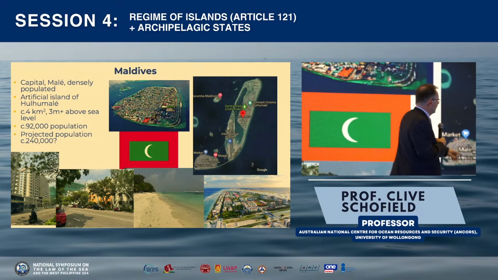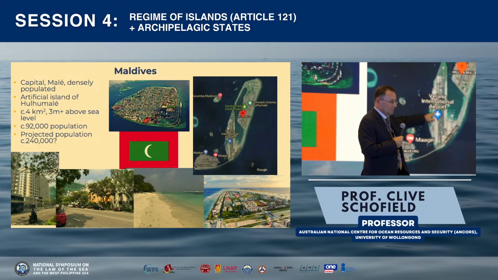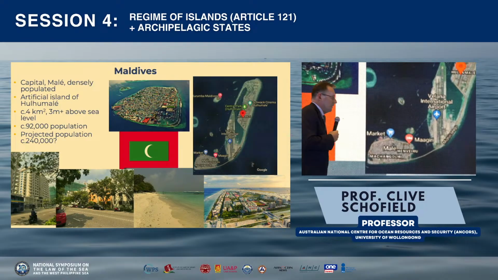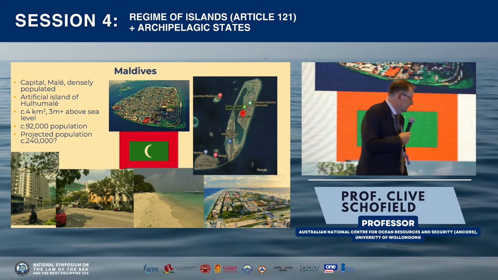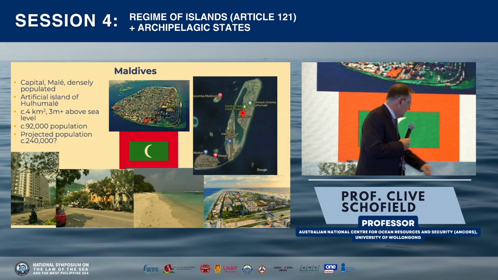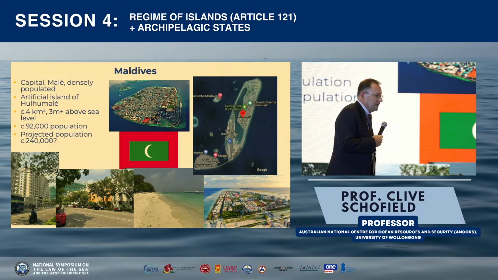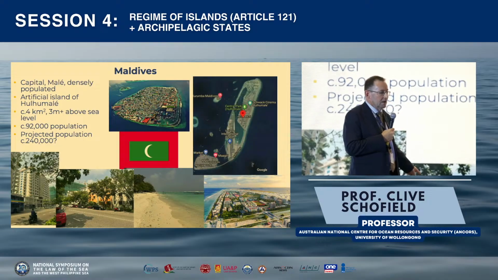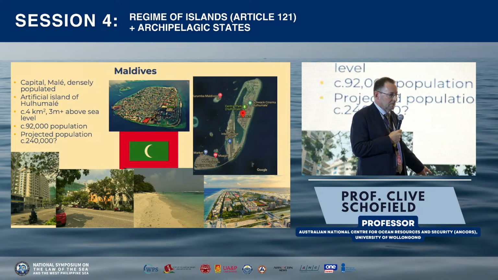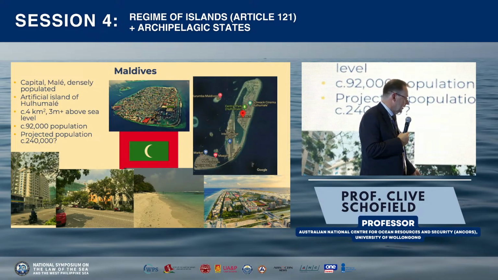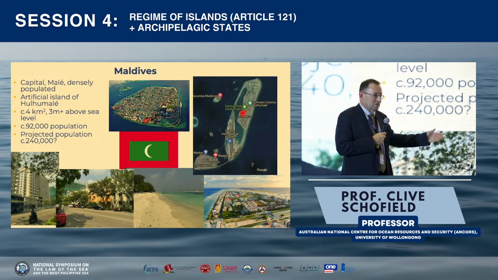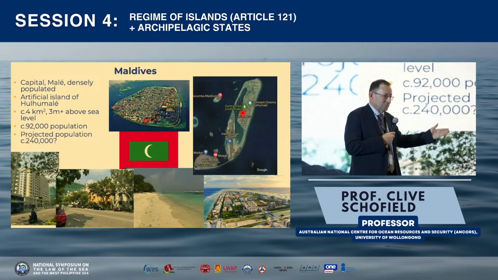But they have built the international airport on an artificial island and built Hulhumalé, which is an artist's impression there, but these pictures are from when I was on Hulhumalé in January. You now have over 90,000 people living on that entirely artificial island, fairly high-rise, wide boulevards with trees, with parkland.